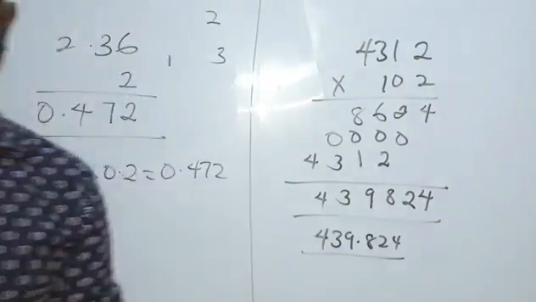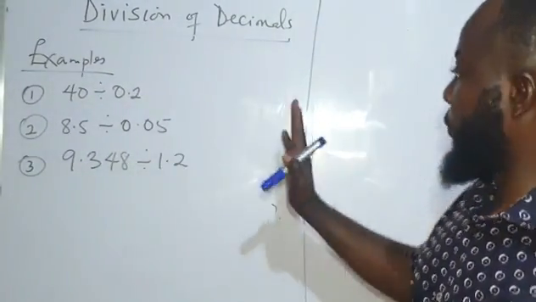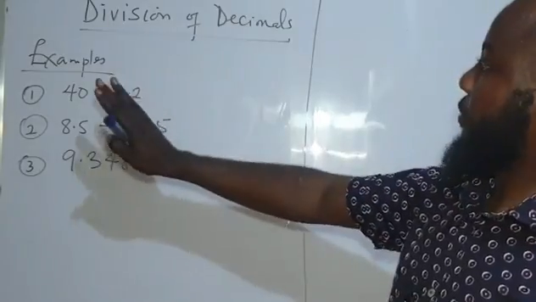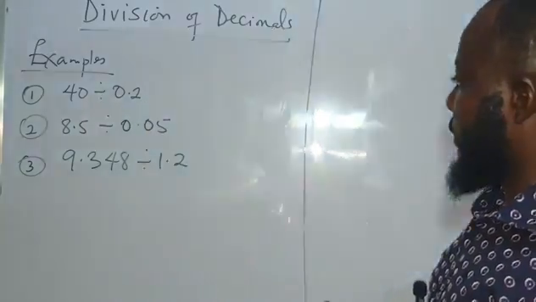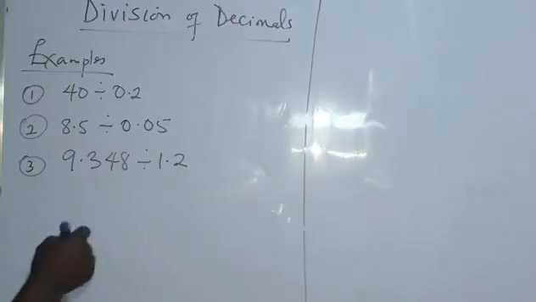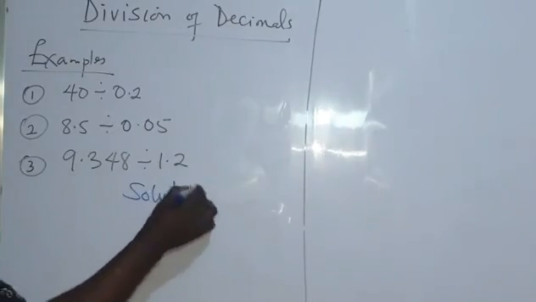So let's now quickly look at division of decimals. We want to look at these examples. The first one is 40 divided by 0.2. The first thing we're going to do here is this.